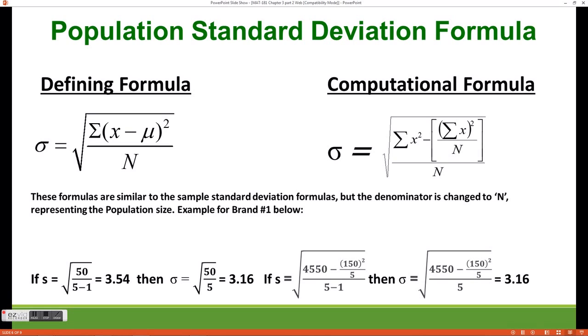This actually makes more sense than dividing by n minus 1 anyway, because the standard deviation is basically an average of how far off my data is from the mean. In the sample standard deviation formula, I divide by n minus 1 so that my result is a little bit higher.